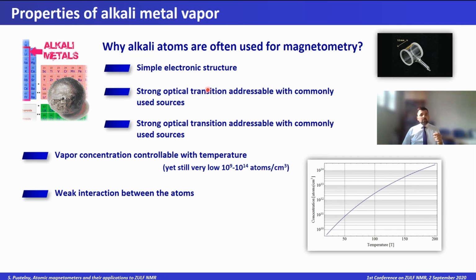Why these elements? The reason is that all these elements are alkali atoms, which means that they have only one single electron on the valence shell. So this is a system that we can describe, and this is well understood. The single valence electron provides us with a relatively simple electronic structure, so the energy level structure is simple.